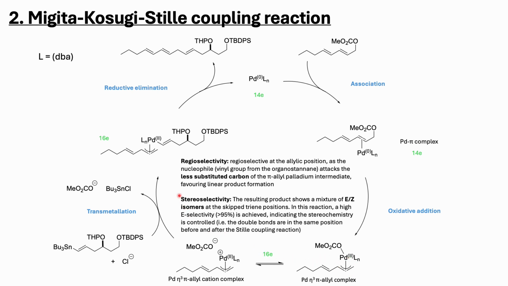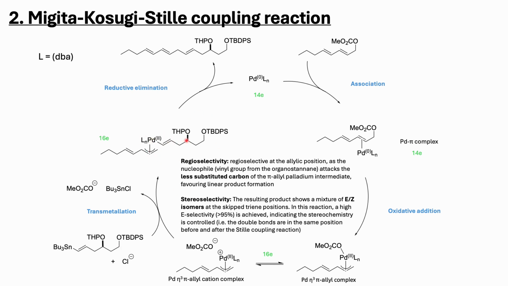This system will then undergo transmetallation because we have an organostannane partnered with our halide ion that's provided by lithium chloride. This is needed because the carbonate leaving group is a poor ligand for bonding to tin. The carbon-tin bond breaks and we end up transferring this organic group to the palladium center of the pi-allyl complex.